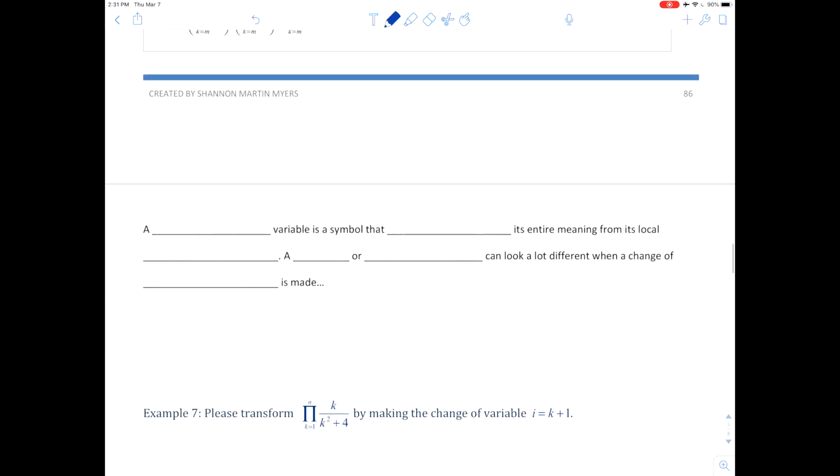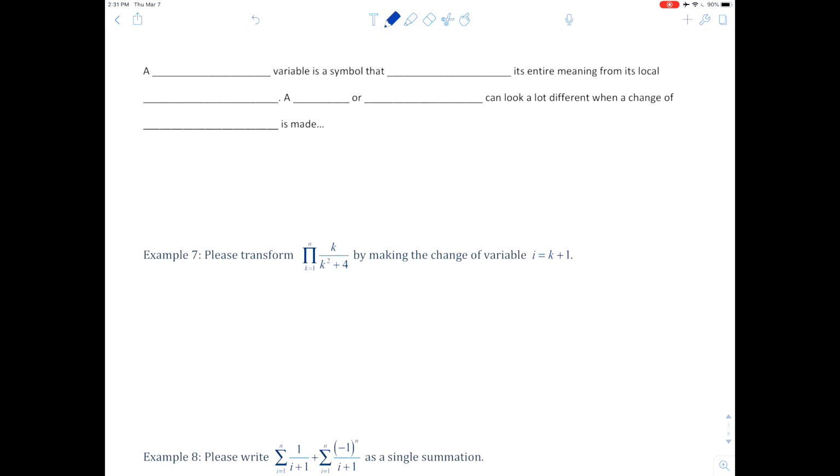Okay, so here we go. A dummy variable is a symbol that derives its entire meaning from its local context.